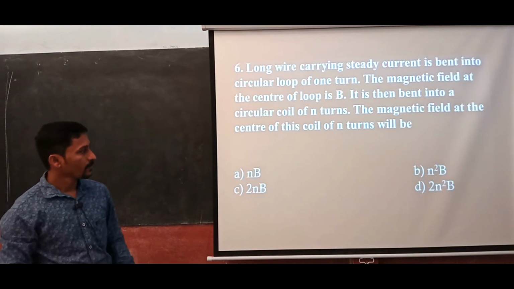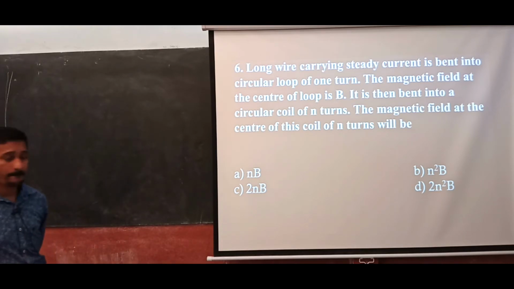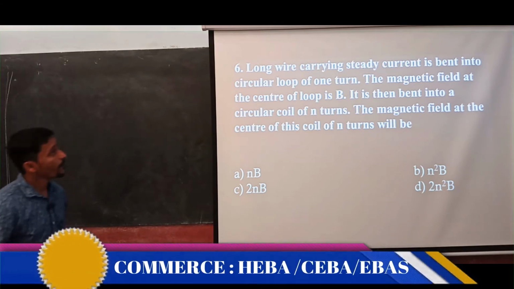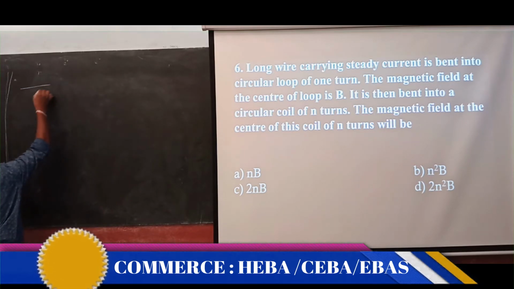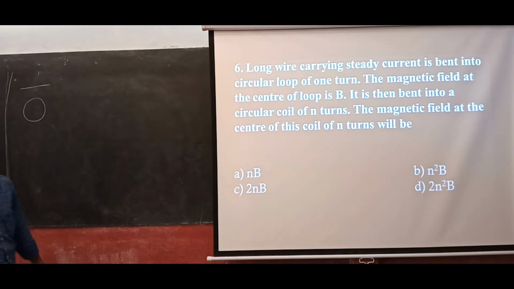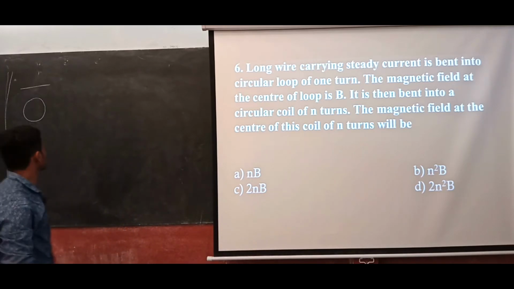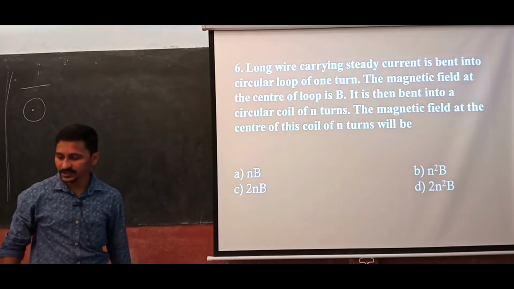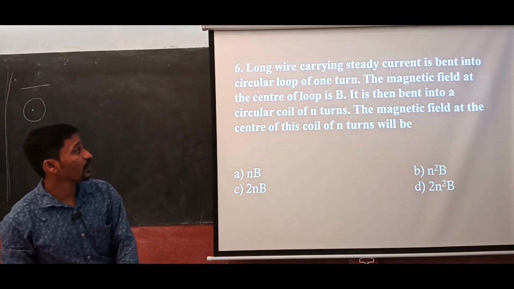So what does it say? It says that a long wire carrying steady current is bent into a circular loop of 1 turn. A long wire is turned into a circular loop of 1 turn. The magnetic field at the center of the loop is B. It is then bent into a circular coil of N turns.